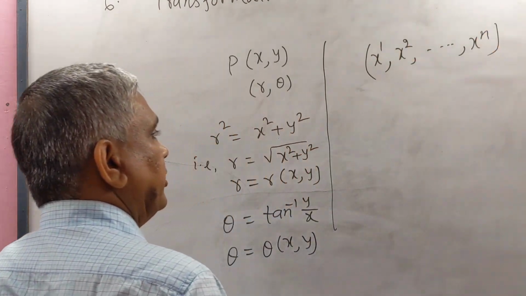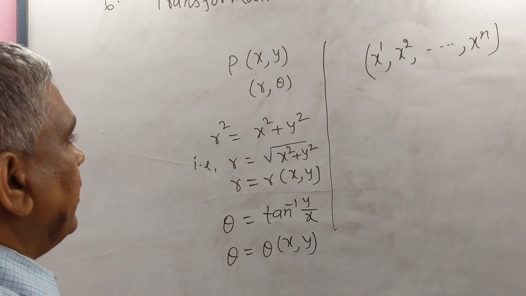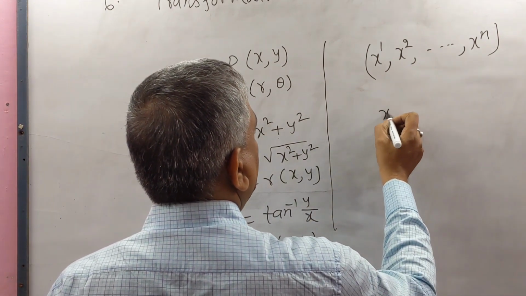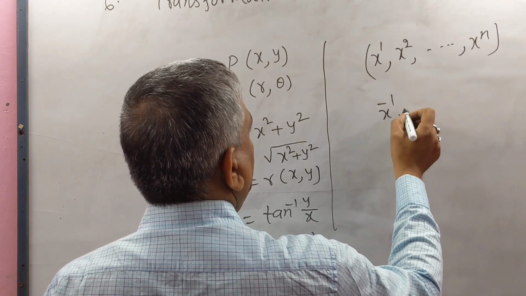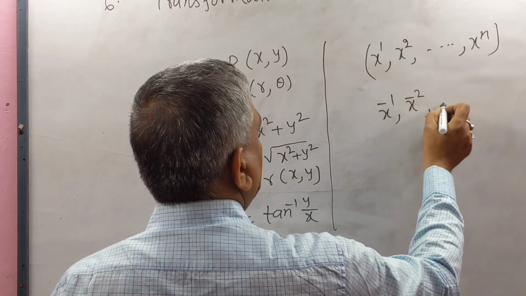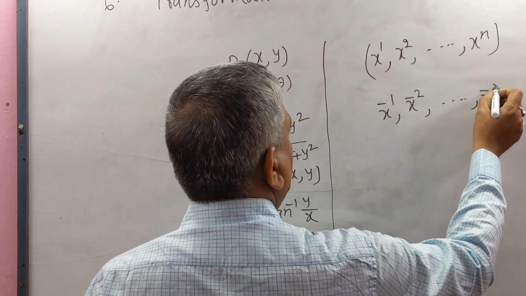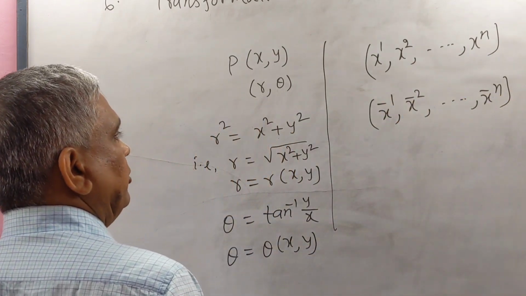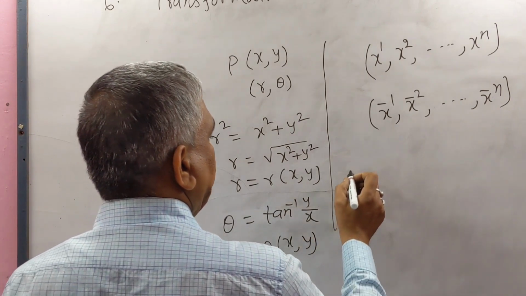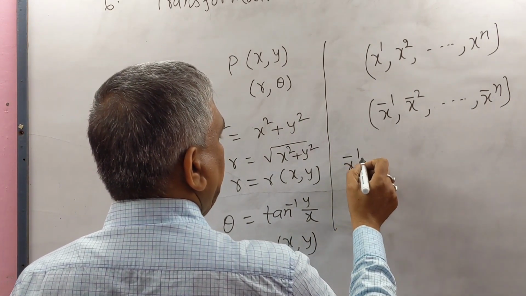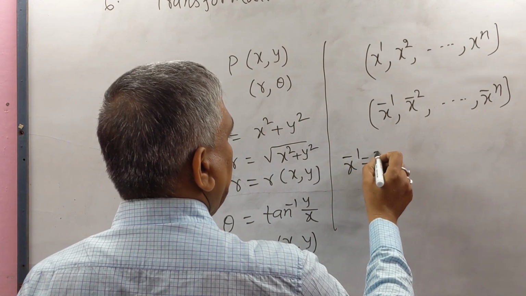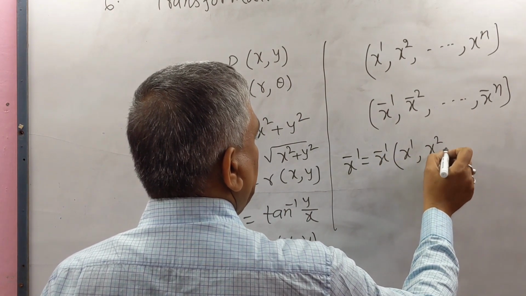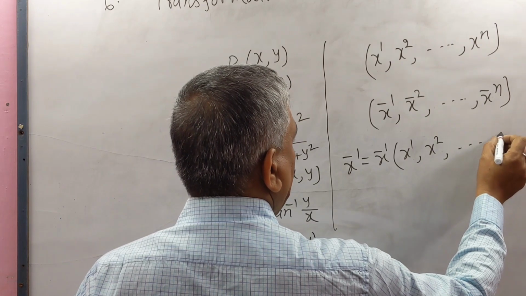The same point in the x bar system of coordinates is represented by x bar 1, x bar 2, ..., x bar n. The relation between the two systems of coordinates is x bar 1 equal to a function of x1, x2, ..., xn.